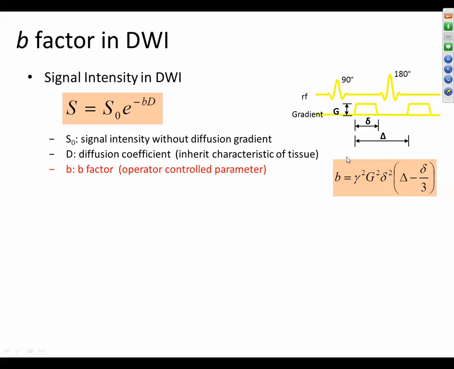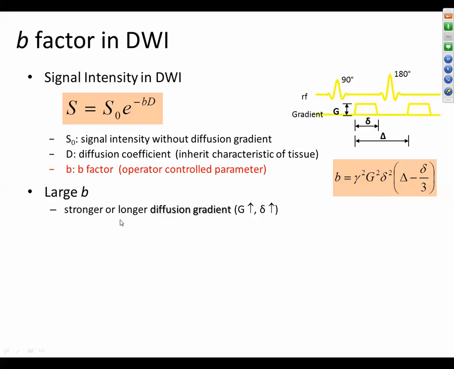The B factor is just a constant geometric ratio, we ignore this. So B depends on G, delta, and Delta. If we have a stronger gradient or a longer gradient, then it will be a larger B according to this equation.